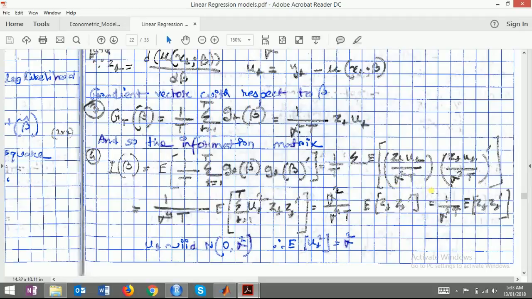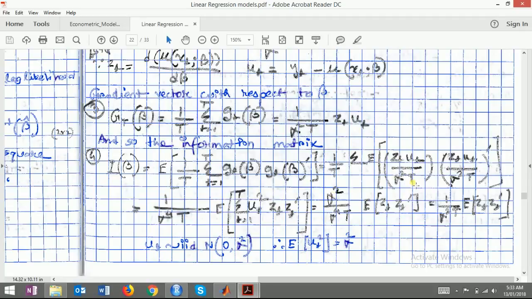Sigma square t, because this was the expected value of ut square, because ut transpose is the same thing, zt transpose, t equals 1 to T. Furthermore, this is basically coming from the residual variance, sigma square.